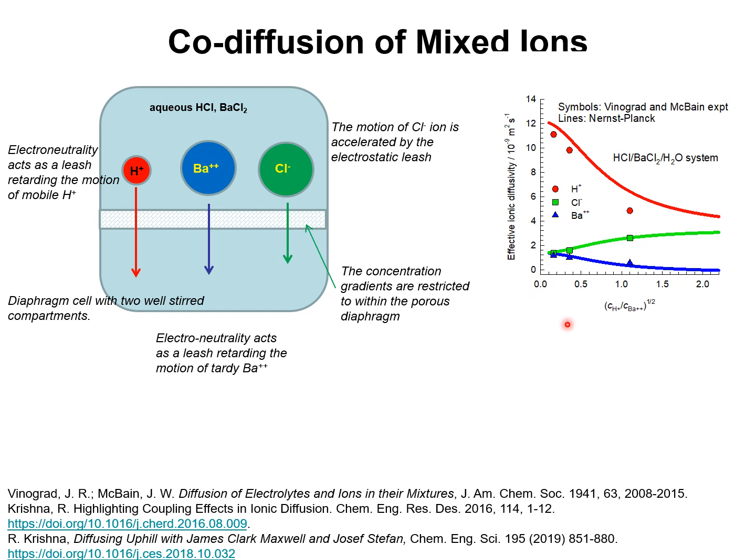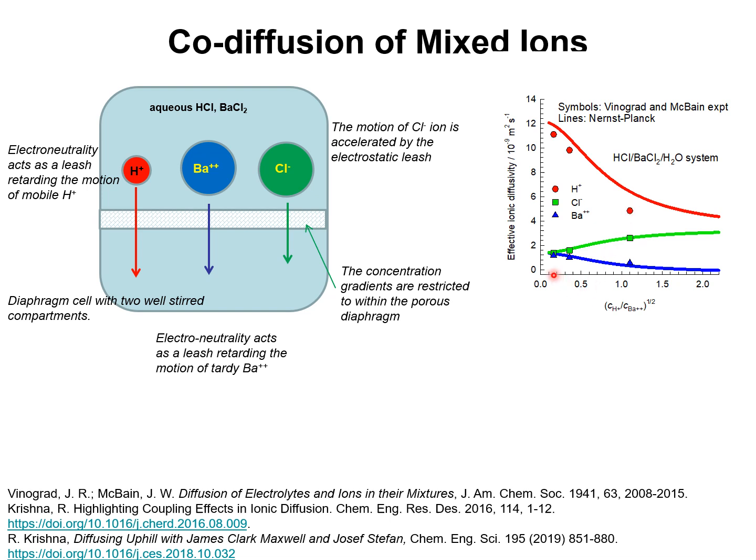But we note that as the ratio of the concentration of hydrogen chloride to barium chloride is increased, the ionic diffusivities that are determined in the experiments are significantly lowered.